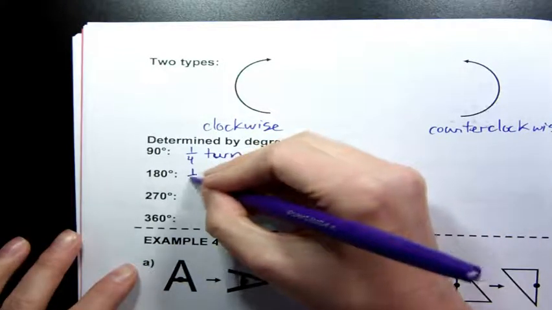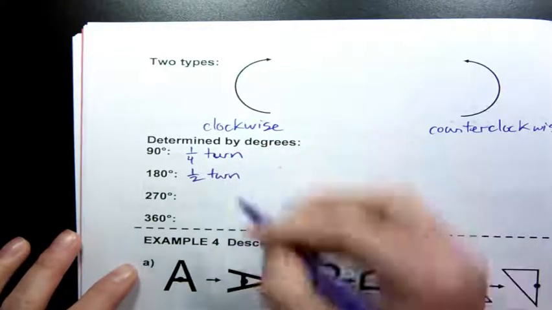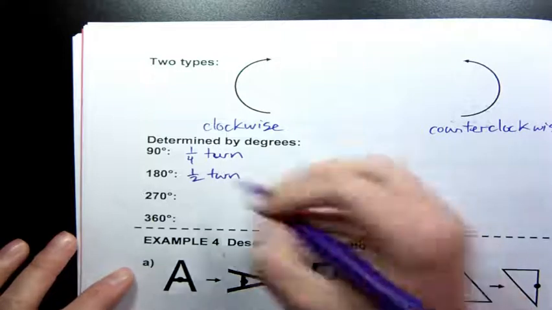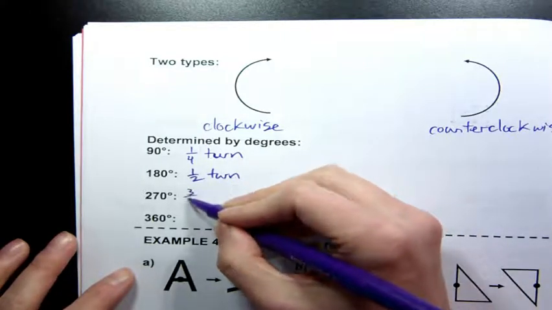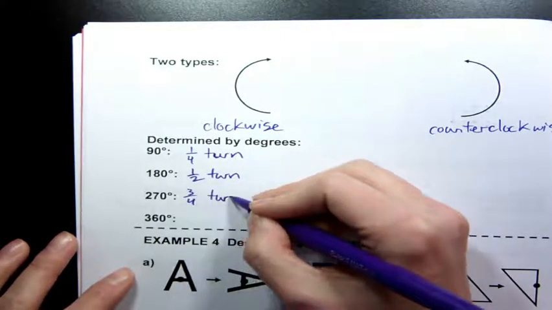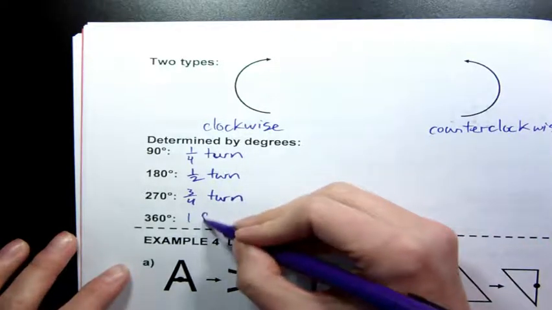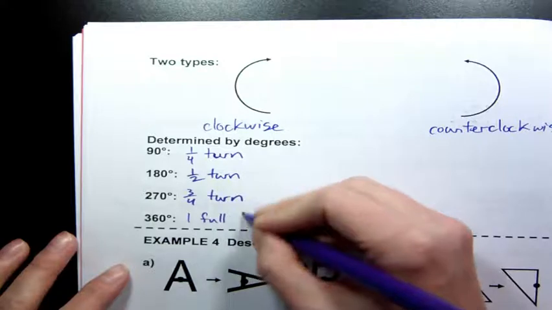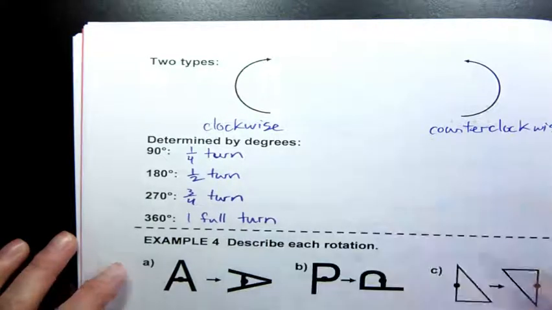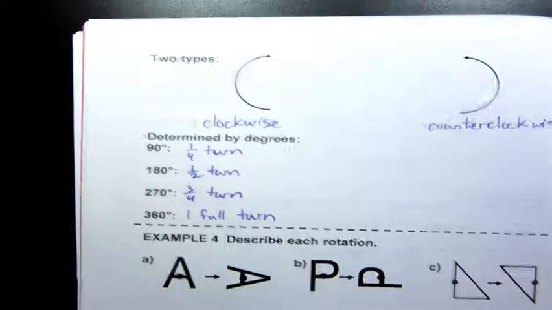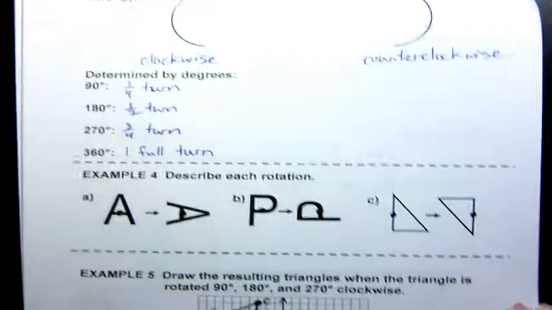Half, yep. How about 270? 3/4. And 360? If I rotate something 360 degrees, is it changing at all? No.